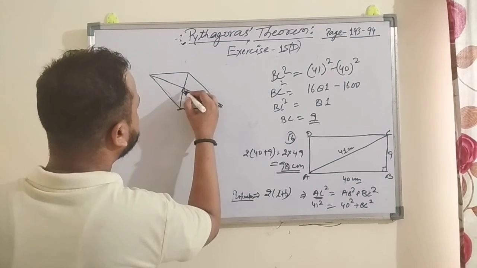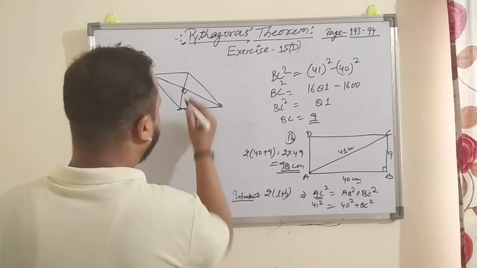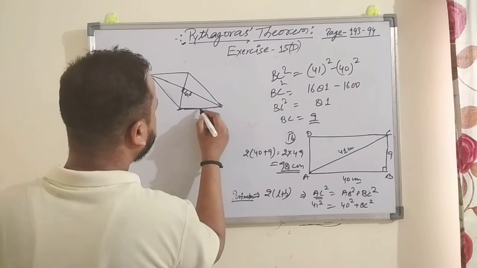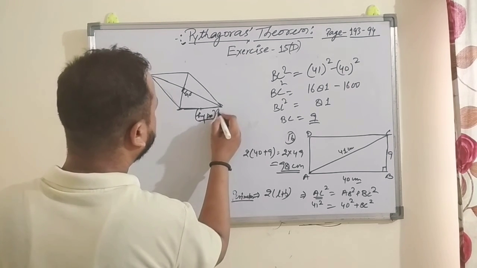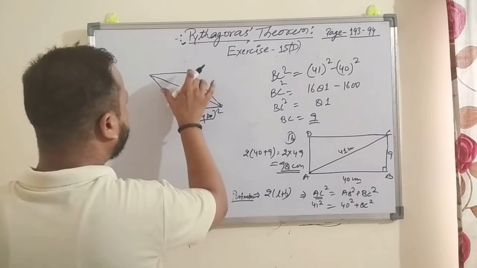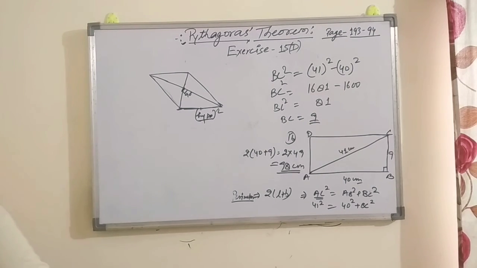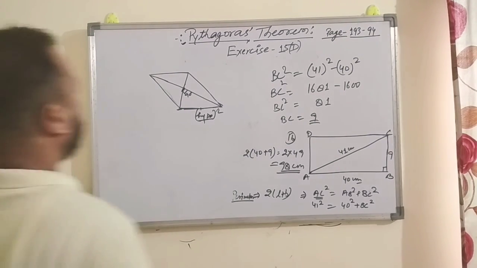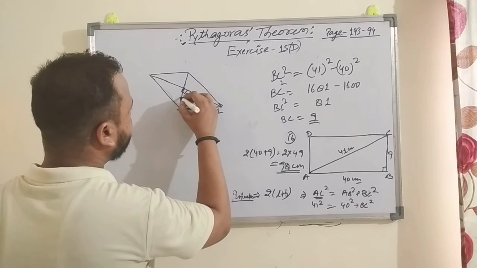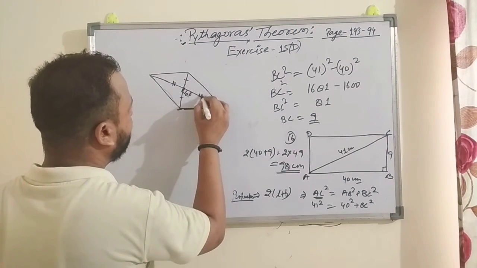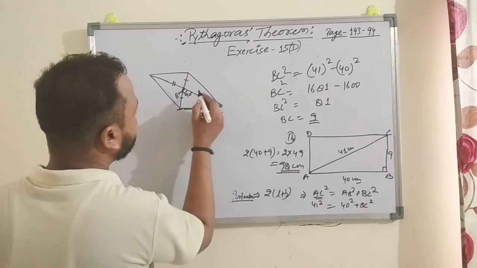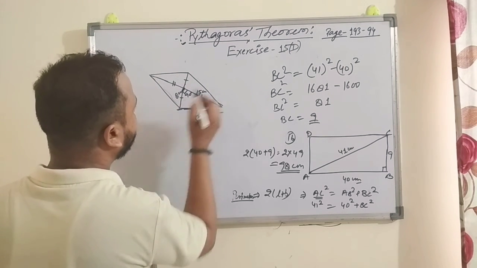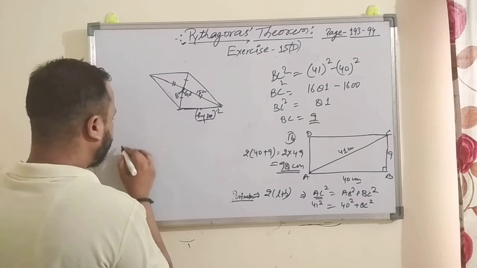So this is a 90 degree angle. If this is a 90 degree angle, this is the hypotenuse. The lengths of the two diagonals are given as 16 centimeter and 30 centimeter. So they bisect, it means these two are equal. So this is 16, this is 8 centimeter, this is 30, so this is 15 centimeter. So you have to find out the hypotenuse.